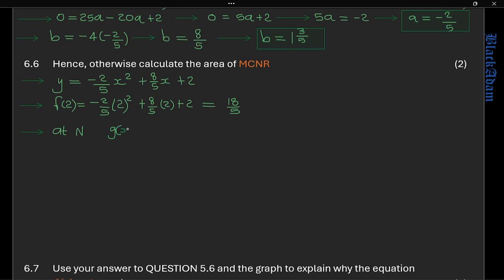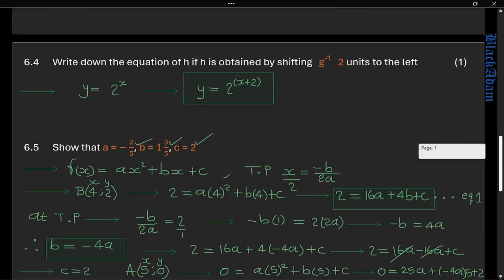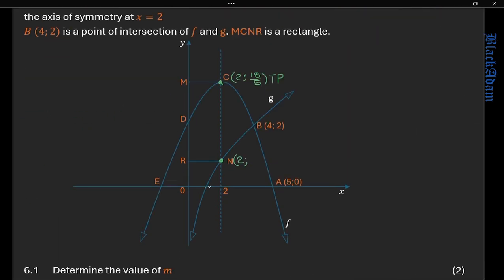The g graph. So g of x is going to be log x base 2. So when our x is 2, it's going to be log 2 base 2. So that will give us 1. So it's like log 2 divided by log 2, which is 1. And then from there, n is going to be at x equals 2, y equals 1. So we know that our value there is 1.